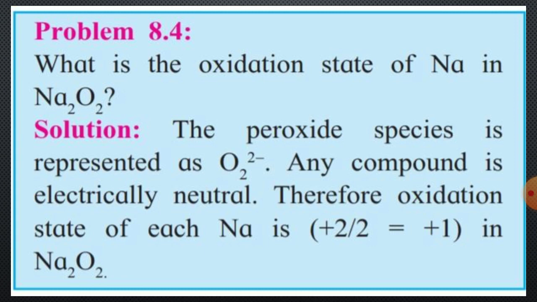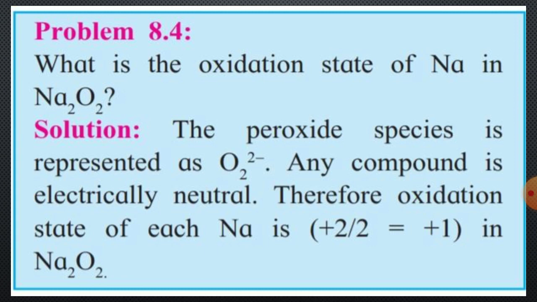We are not supposed to find out the oxidation state of Na2. Here the question is to find out the oxidation state of Na. Now we know that the oxidation state of O2 is -2, so the oxidation state of Na2 will be +2. But we are supposed to find out the oxidation state of Na.